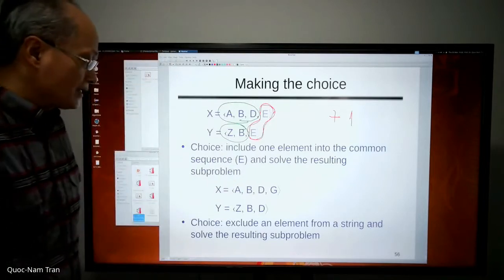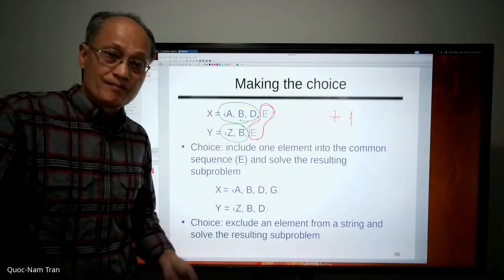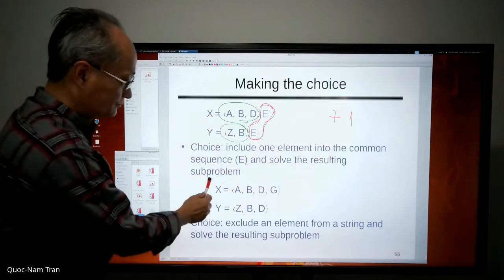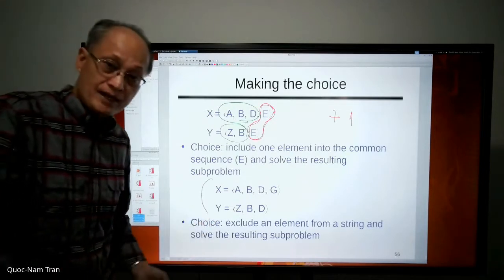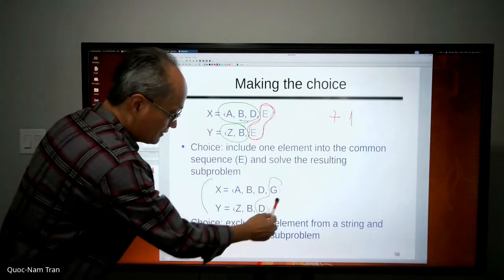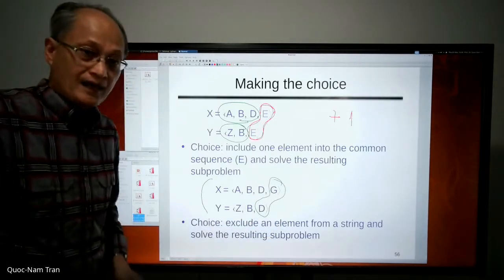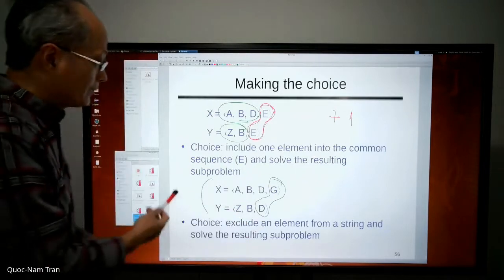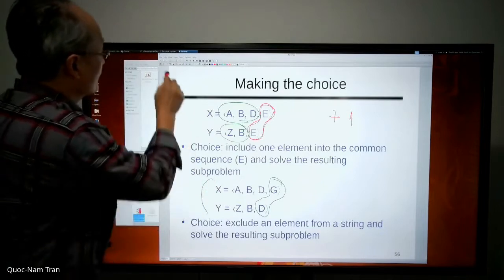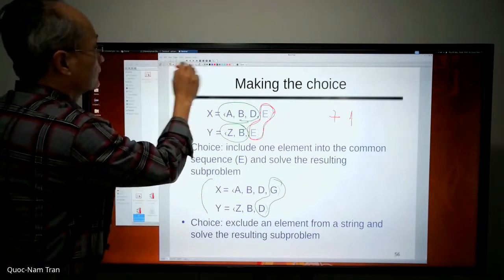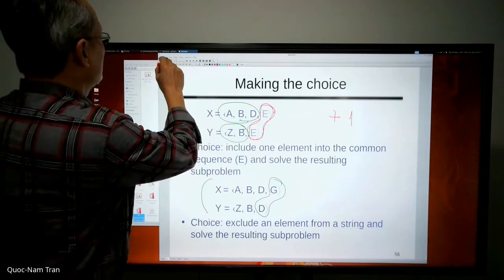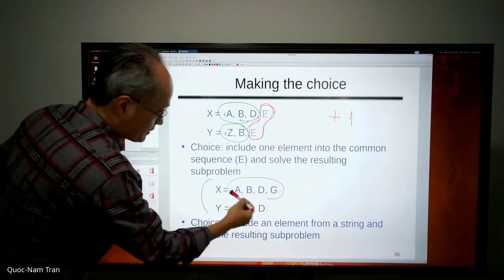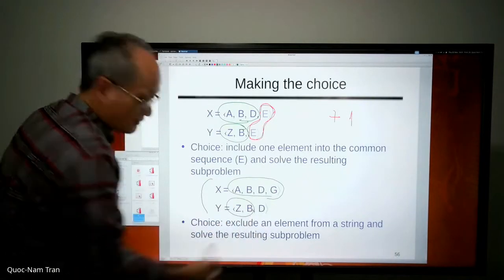But what will happen if they don't have the same values? Okay, for example, in this case, if they don't have the same elements here, then we know that we don't have a match here. So what we will do is compare this subsequence with this, right?